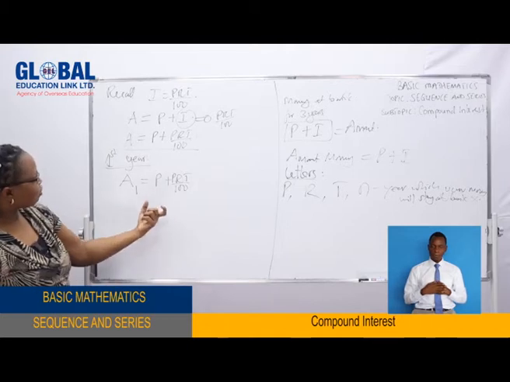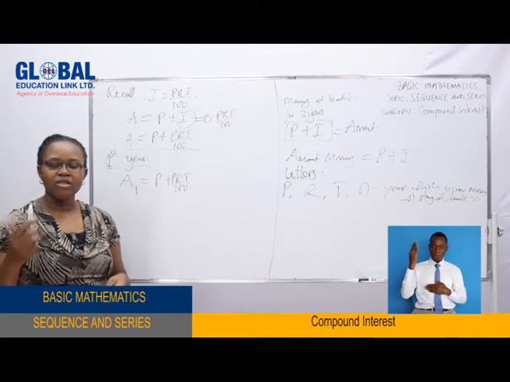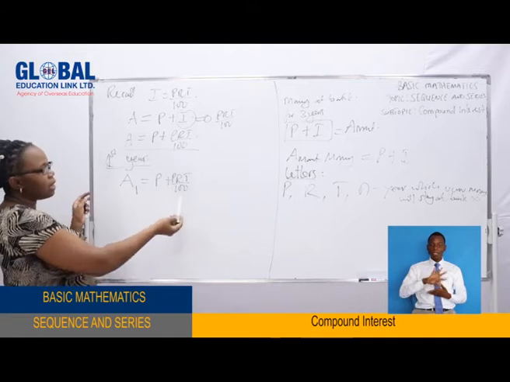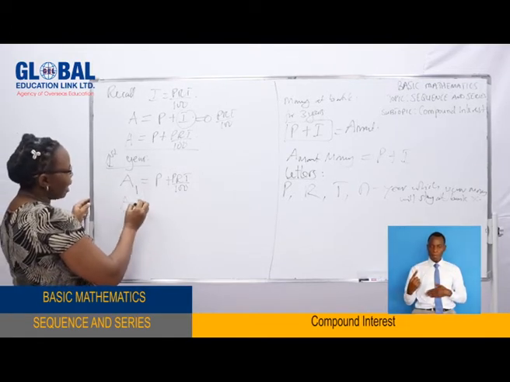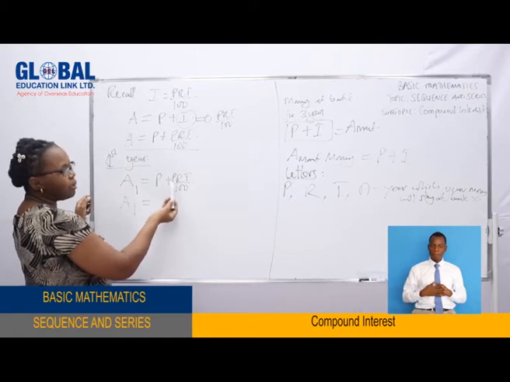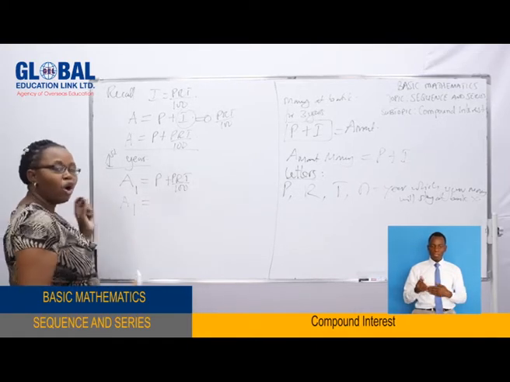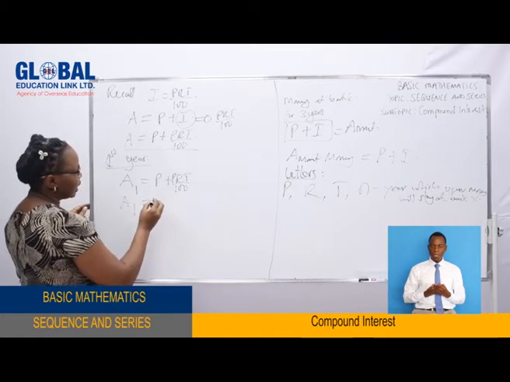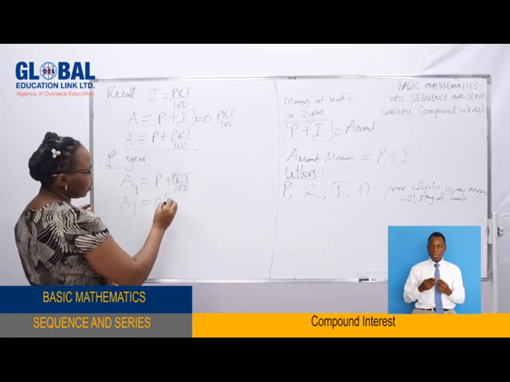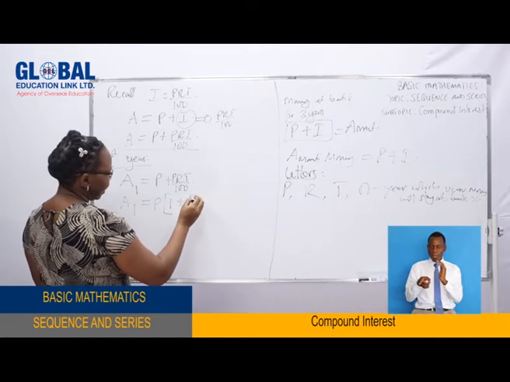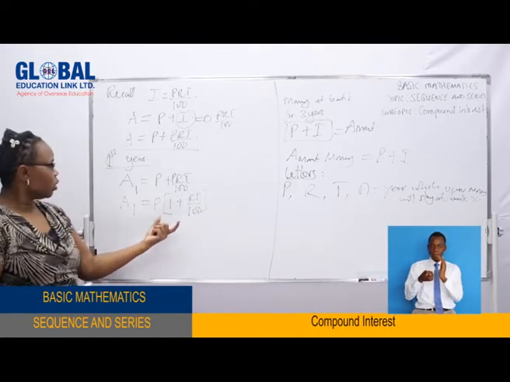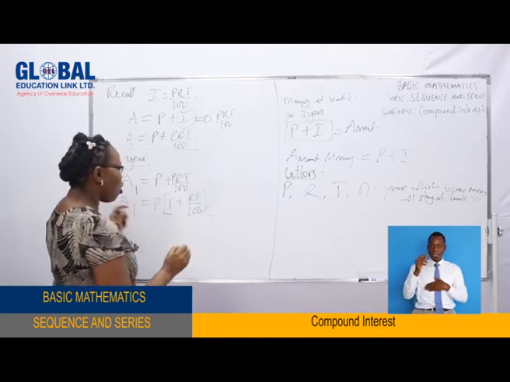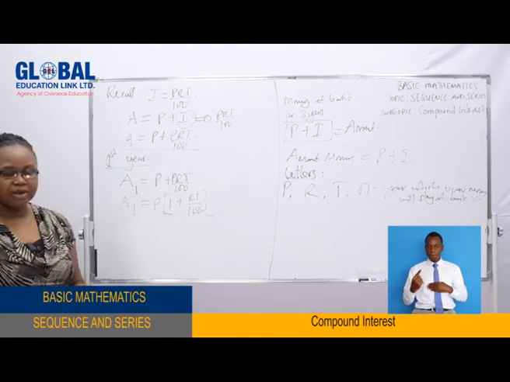So this is the amount of money after the first year. We have P here and P here, so we can factor it out. That is, principal times 1 plus RT over 100. So this will be the amount of money obtained after the first year.